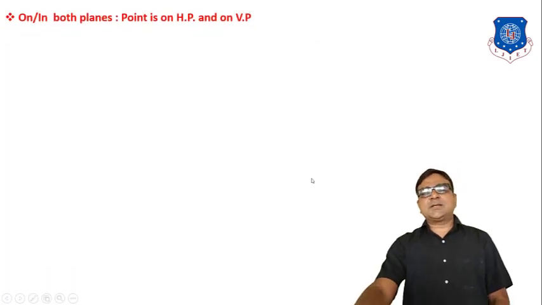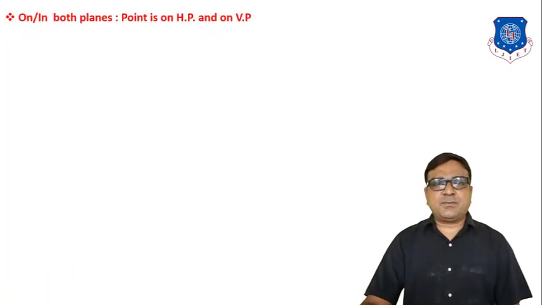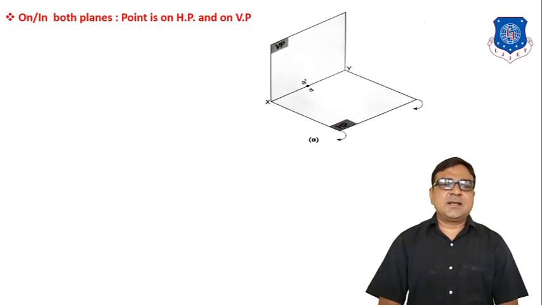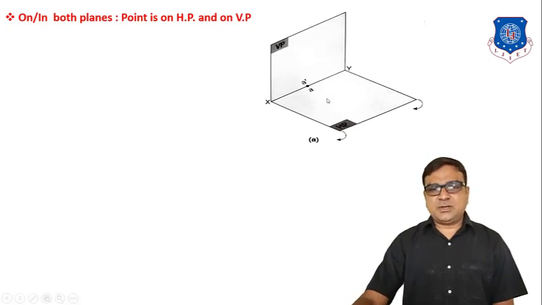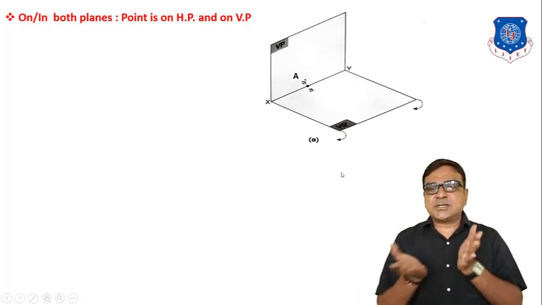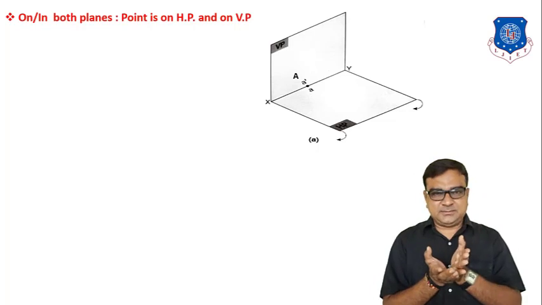Now our last case of the position of the point is on HP and on VP. So take the horizontal plane and vertical plane, and our A is exactly on the XY line, because the XY line is the intersection of the horizontal plane and the vertical plane.